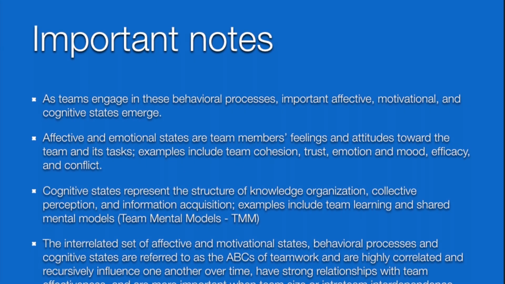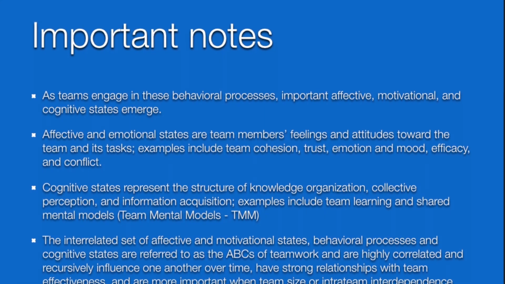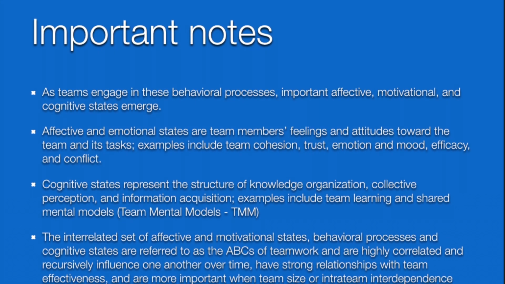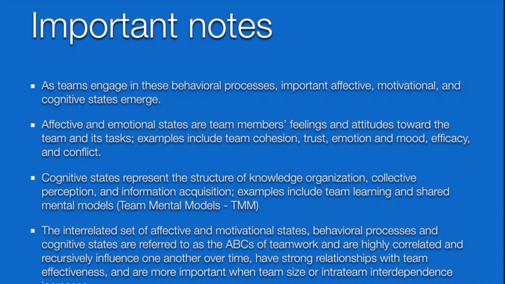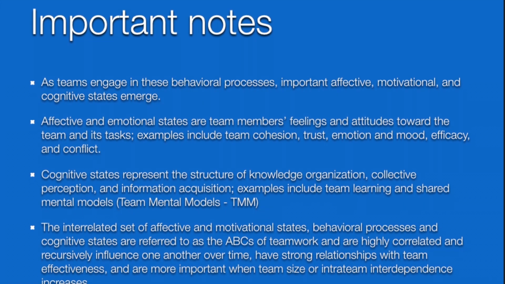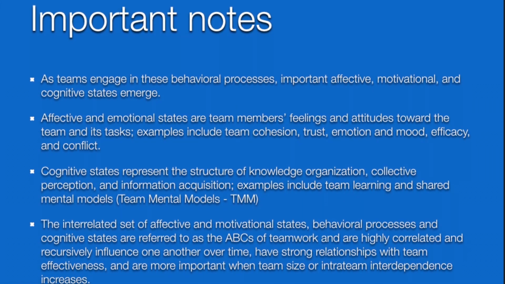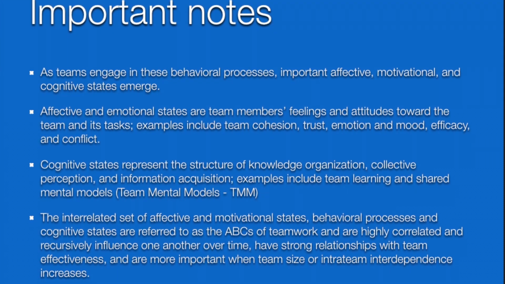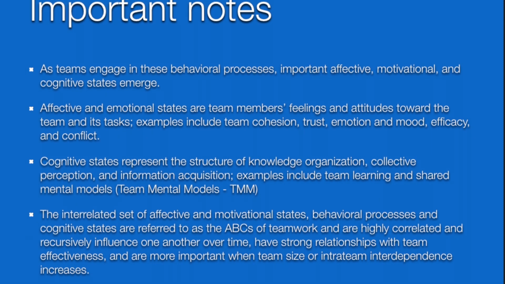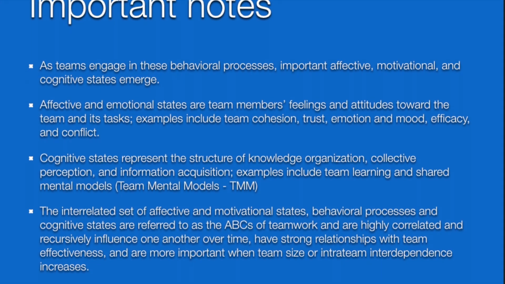Cognitive states represent the structure of knowledge, organization, and collective perception and information acquisition. Examples include team learning and shared mental models, also called team mental models, TMM. Check out this video from CQNet Management Skills for Everyone to learn more about TMM.